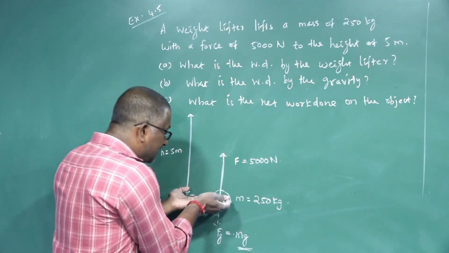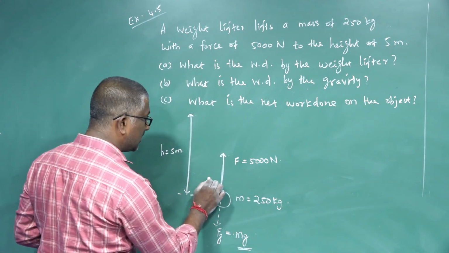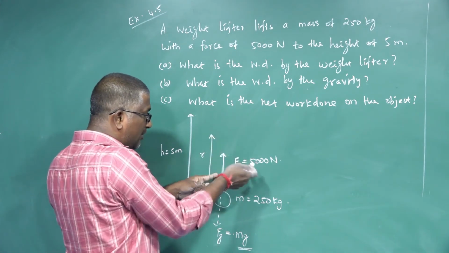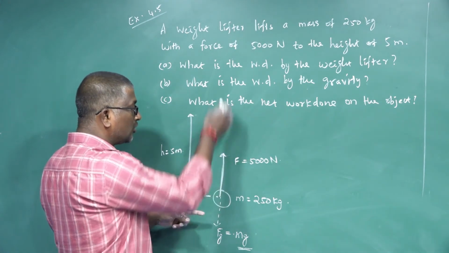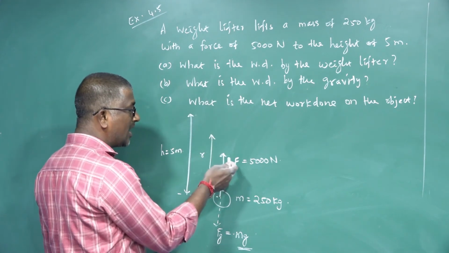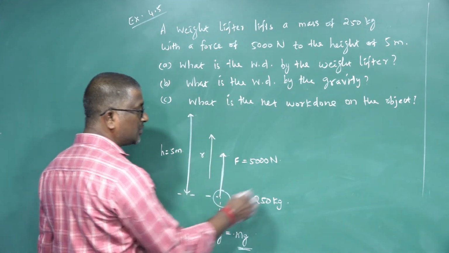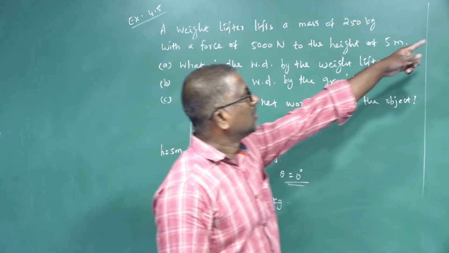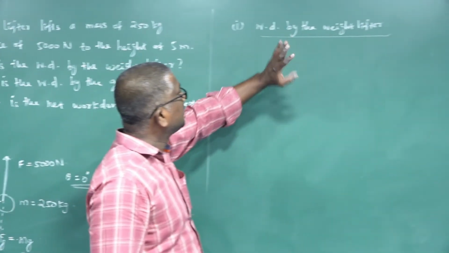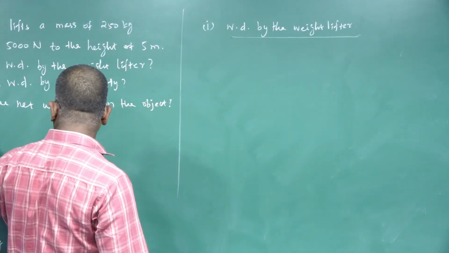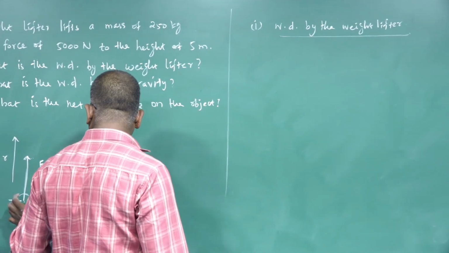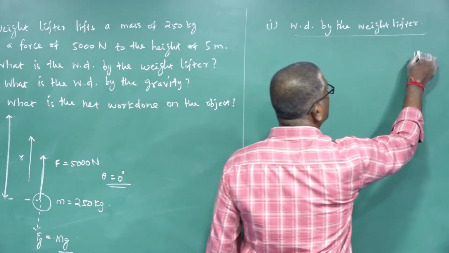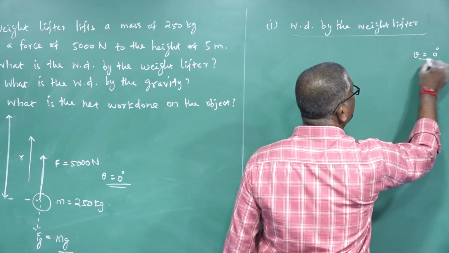When the weightlifter lifts the object in upward direction, the direction of motion of the body and the force applied by the weightlifter are in the same direction. So the angle between force and the displacement is 0 degree. Theta value is 0 degree.